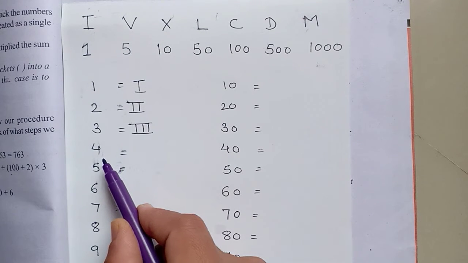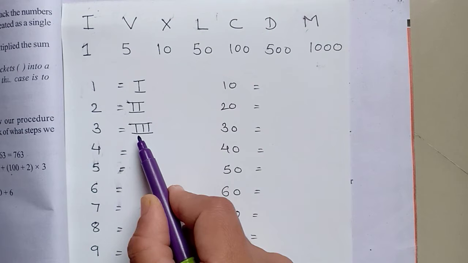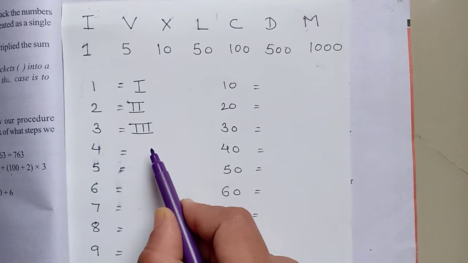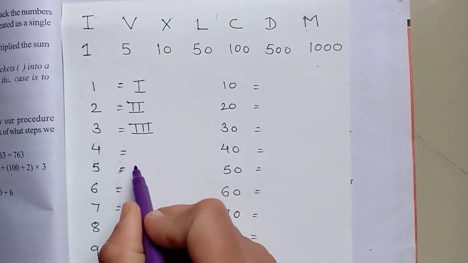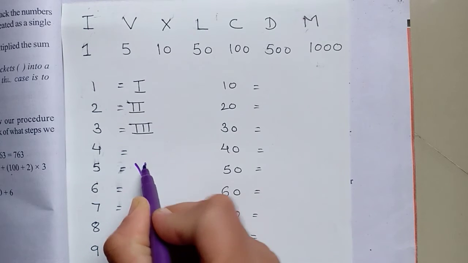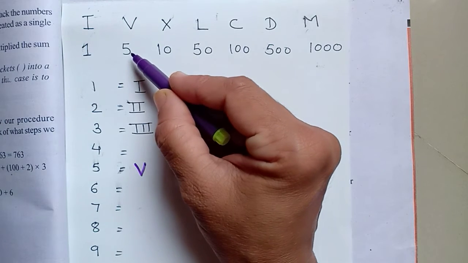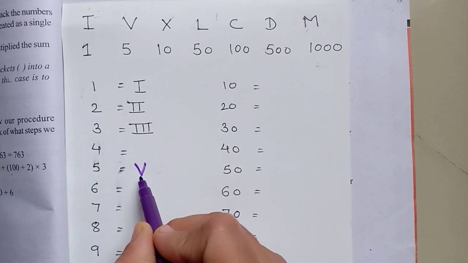Now for 4, we don't have any letter. And we cannot write I 4 times because the rule says that you cannot repeat any letter 4 times. For 5 we use V. We have a letter V for 5. So 4 is 5 minus 1.